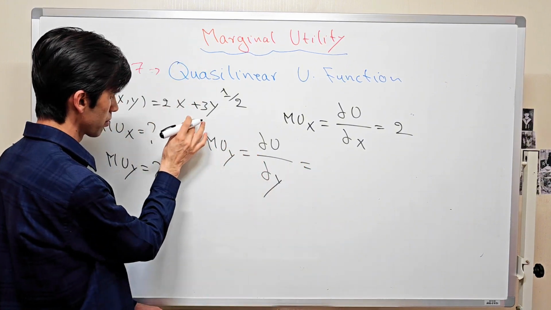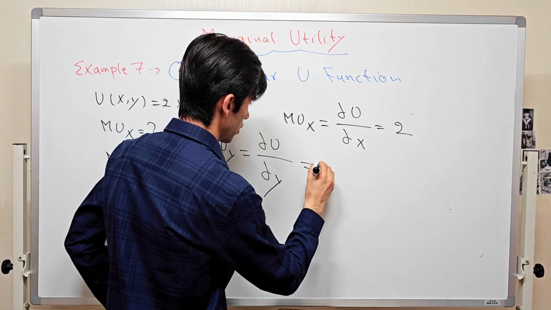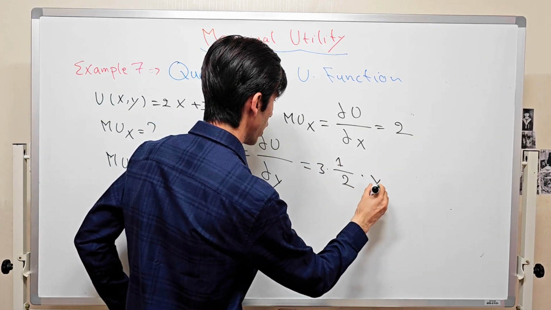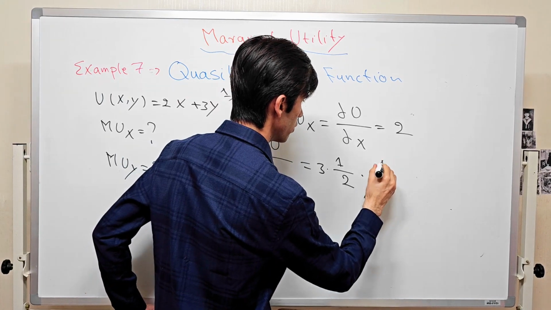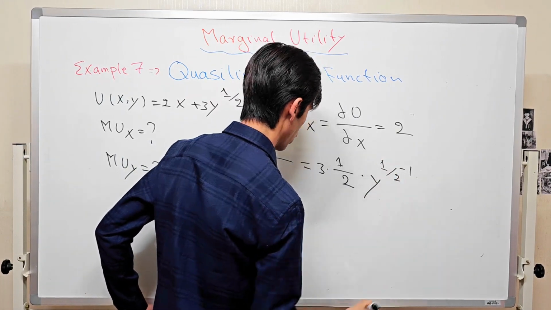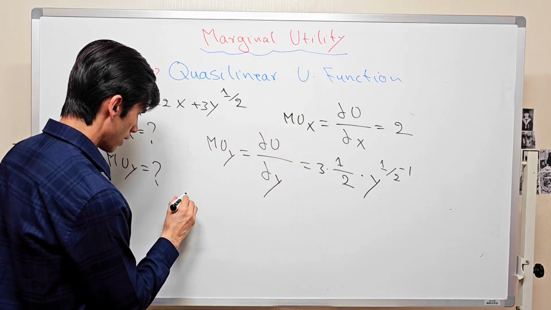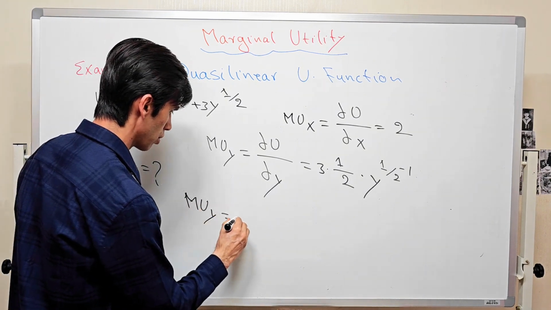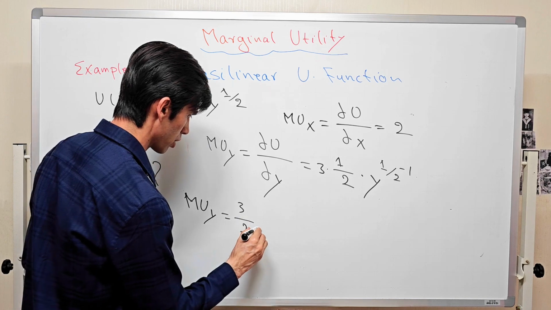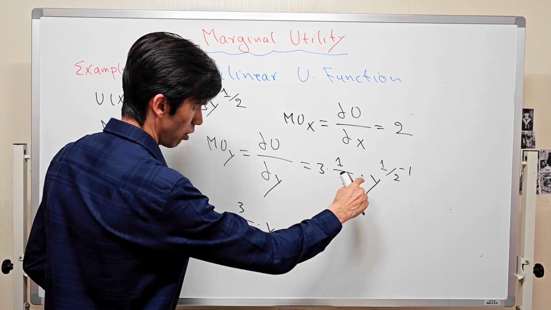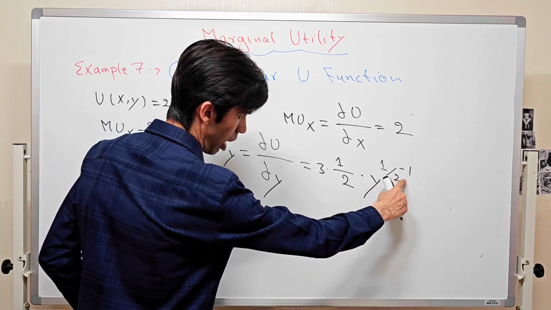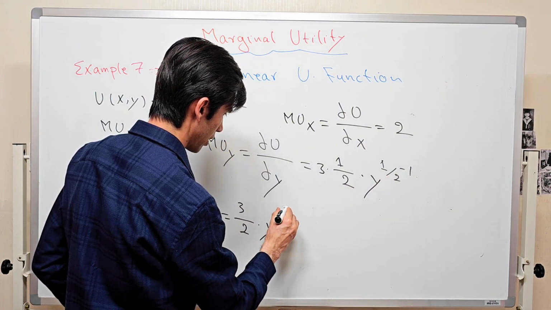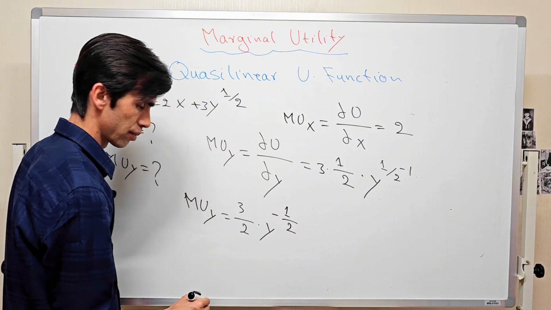Then it's equal to 3 multiplied by 1 over 2, multiplied by y to the power of 1 over 2 minus 1. Then the marginal utility of y is equal to 3 divided by 2, y to the power of 1 over 2 minus 1, which becomes minus 1 over 2.